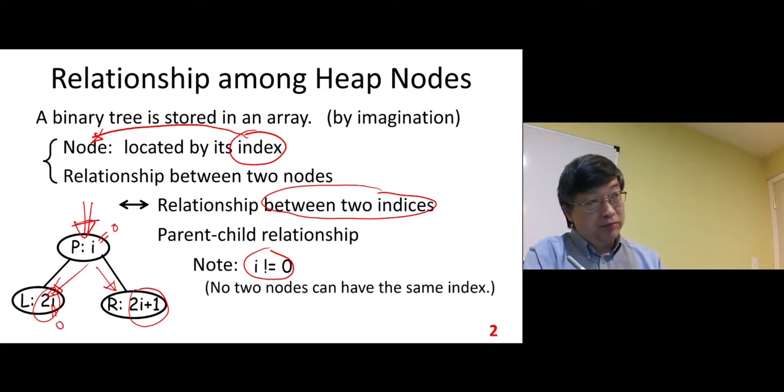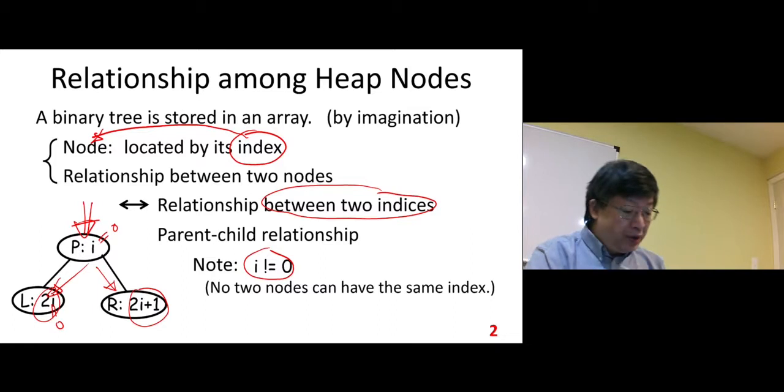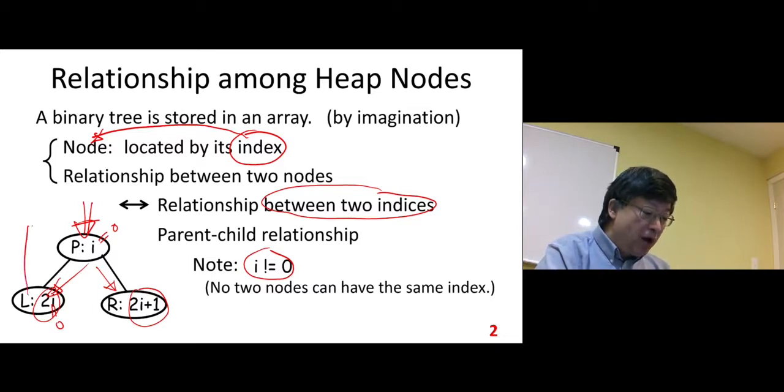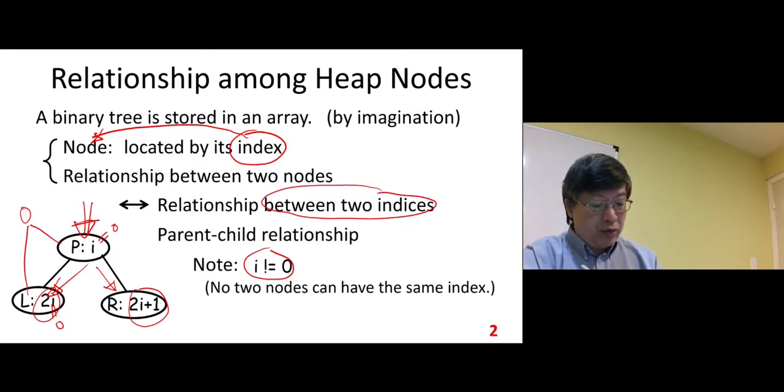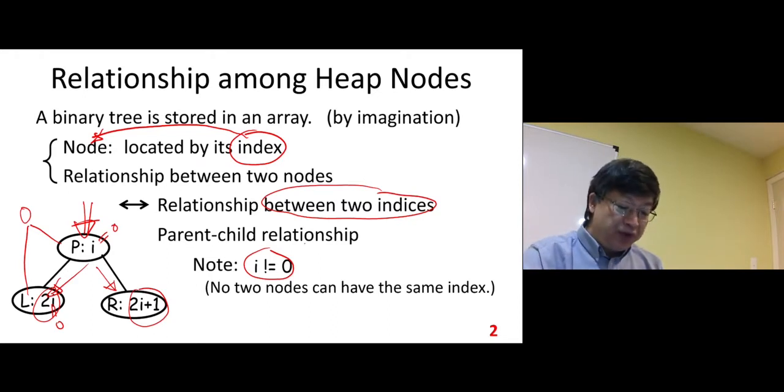Then we have a problem, because two different nodes correspond to the same index. That's not good. So we do not allow two different nodes to share the same index. For that reason, we do not allow this.